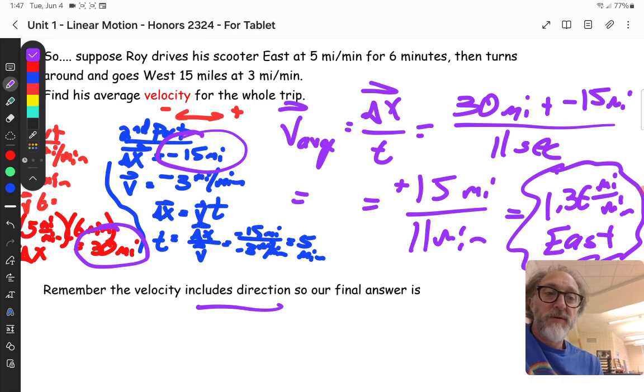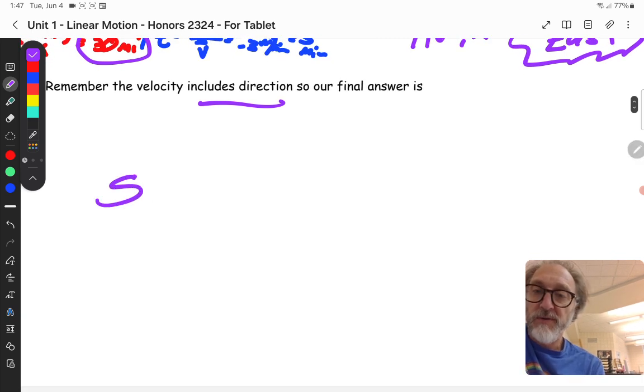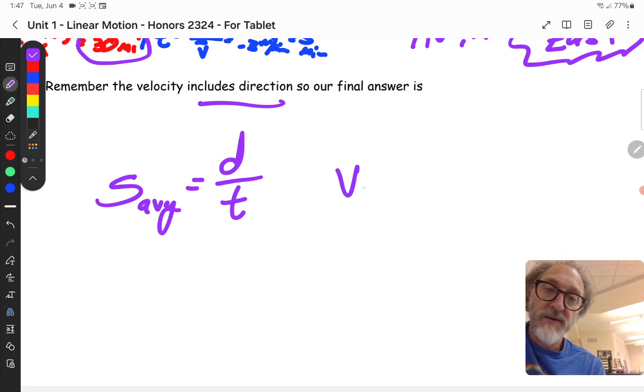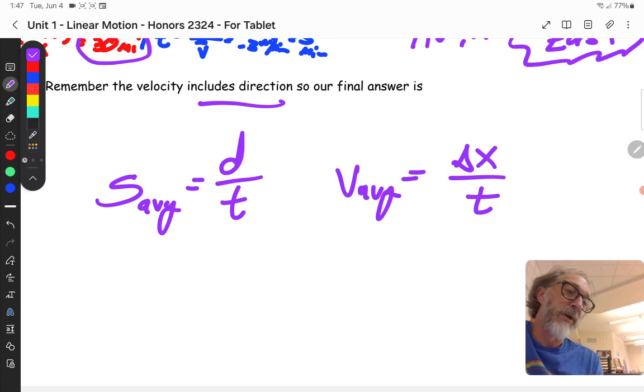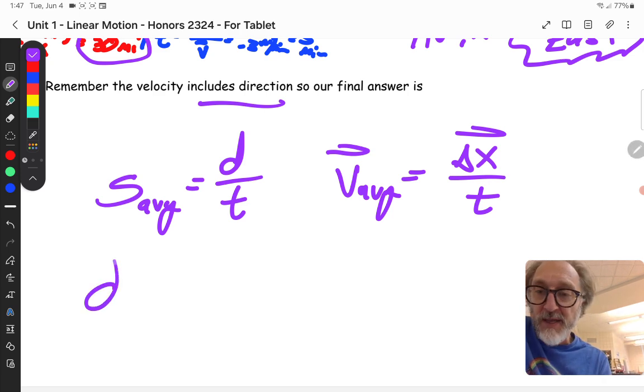All right, so at this point, we've got two equations. Average speed is distance over time. Average velocity is displacement over time. When you write this velocity equation, try to remember those arrows. Notice if your speed and velocity are constant, then you can do this.